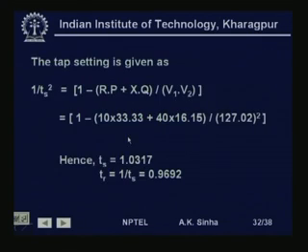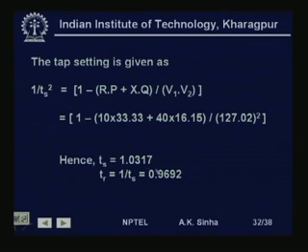Therefore, substituting into the relationship for the transformer that we had derived today, 1 by T_s square is equal to 1 minus (R into P plus X into Q) divided by V_1 V_2. So, substituting all these values of R, P, X, Q, V_1, V_2, we get T_s is equal to 1.0317, and therefore, T_r is equal to 1 by T_s, which will be 0.9692.